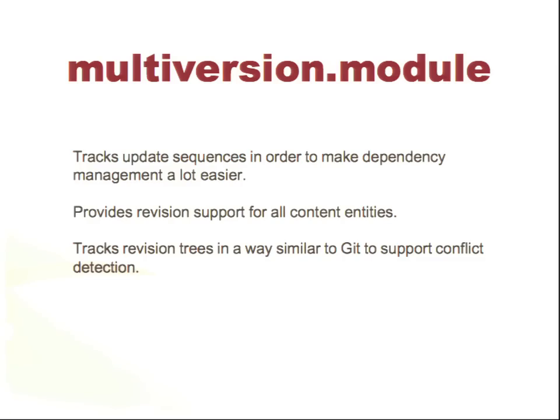So first, the multi-version module. The purpose of this module, it sits at the bottom of this stack, really. Its first purpose is to track all update sequences in order to make dependency management a lot easier. So we're tracking in what order all the changes are being done to entities. Because one of the most challenging things in Drupal 7 with deploy was what was in the module called entity dependency.